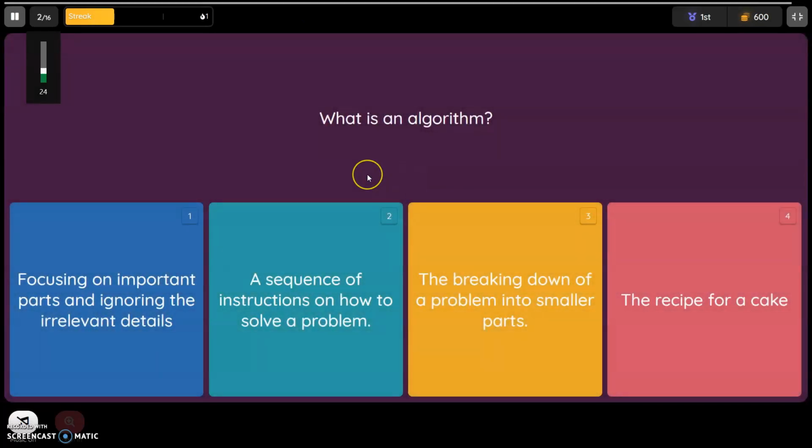Okay, what is an algorithm? The question. Is it a sequence of instructions for how to solve a problem, breaking down a problem into smaller parts, the recipe for a cake? It's going to be a sequence of instructions.